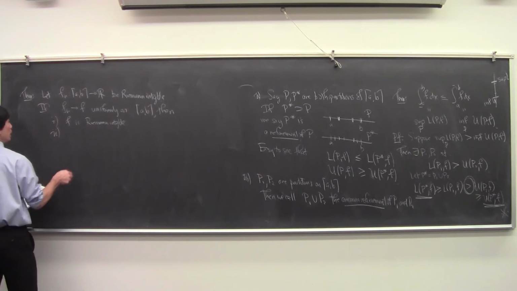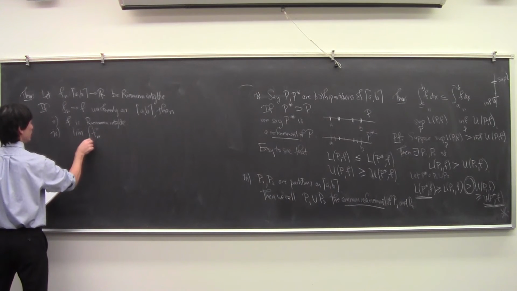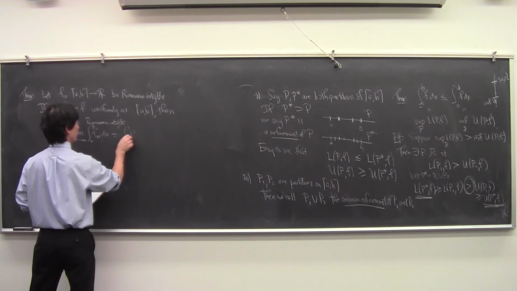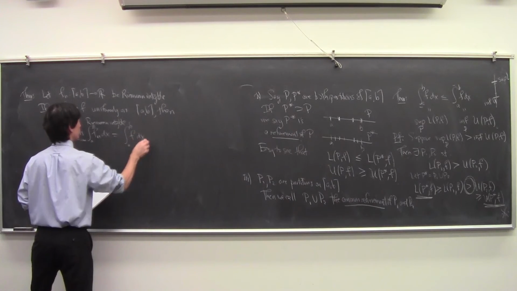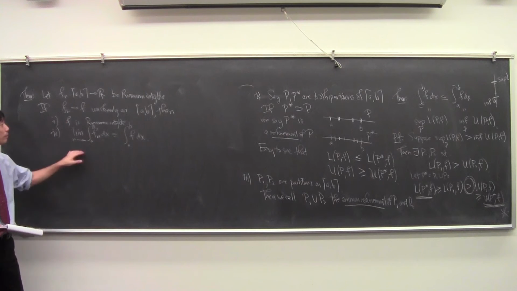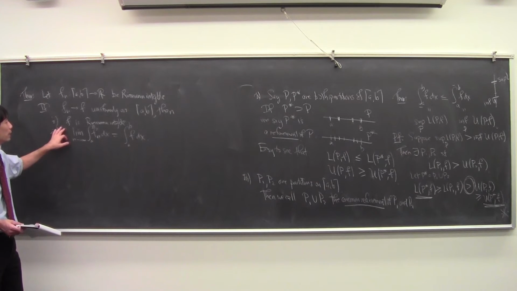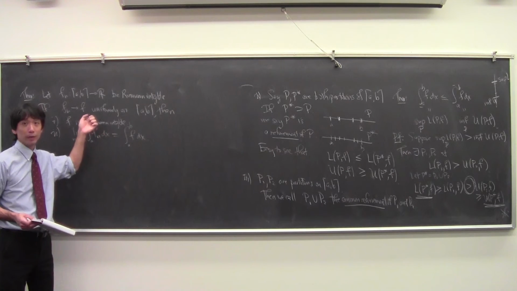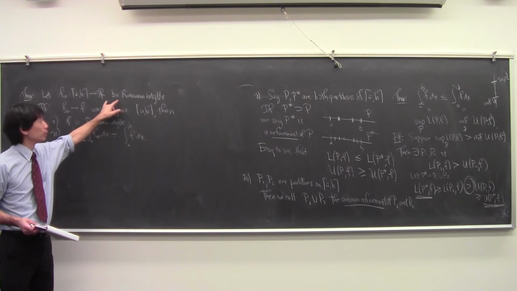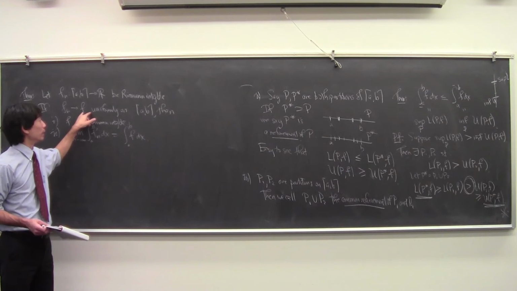and the limit of the integrals is actually the integral of the limit. Okay. And you remember that earlier we had some examples that showed that if you have pointwise convergence, then even if your functions are Riemann integrable, the pointwise limit function might not be Riemann integrable.